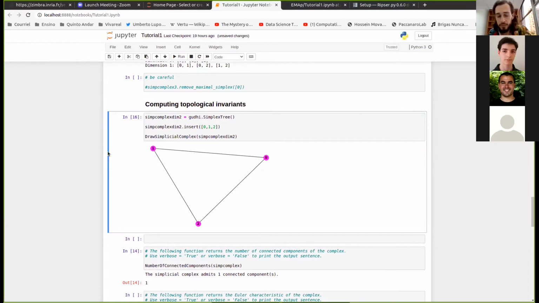So unfortunately, this function here does not represent the real simplicial complex, but only the underlying graph. If you want to draw the triangles, you will have to use another library like matplotlib or something like that. Is it your question? Okay. Yes, thank you.